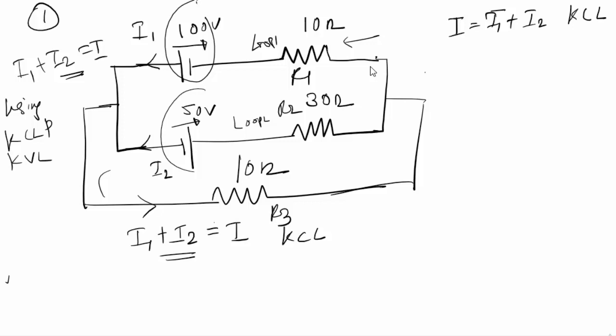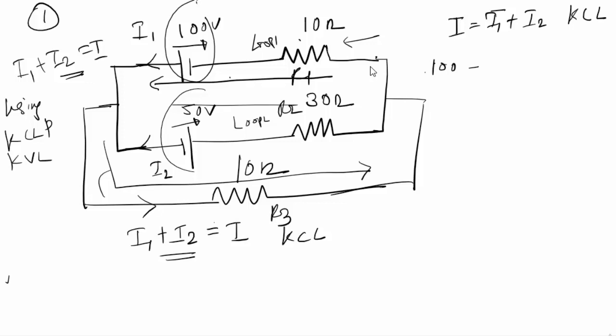So for the fall in the potential I will write 100, and taking the minus sign, and we are moving in this direction, and this is the direction of the current.